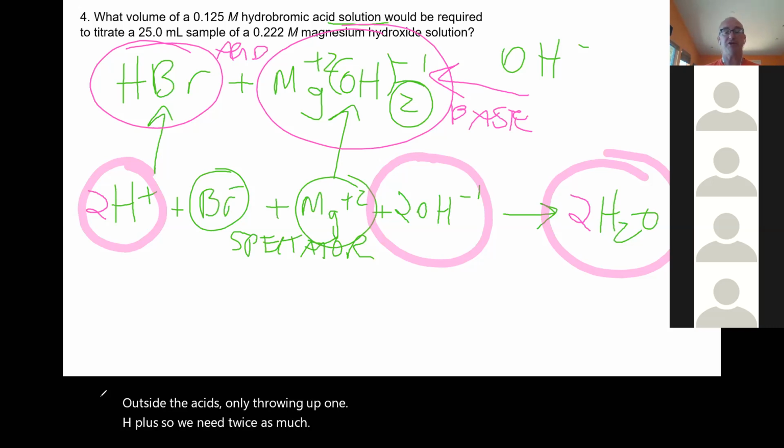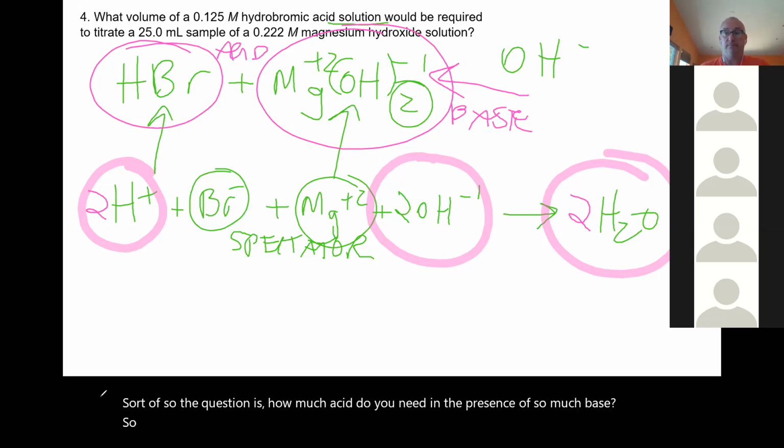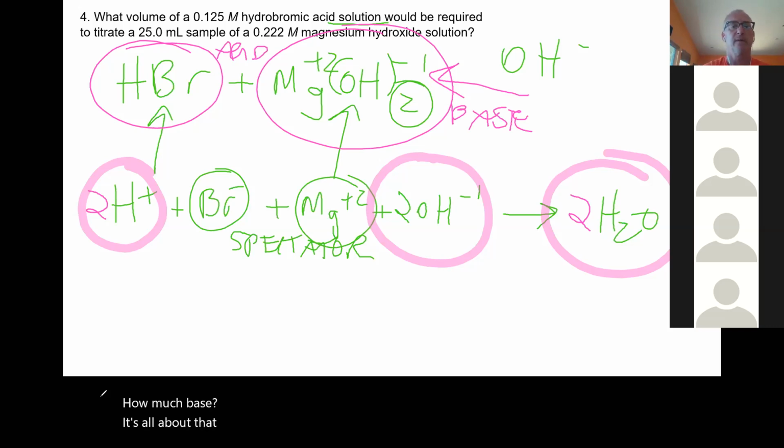So we need twice as much. So the question is, how much acid do you need in the presence of so much base? So we need to figure out how much base. It's all about that base. So how much base do we have?